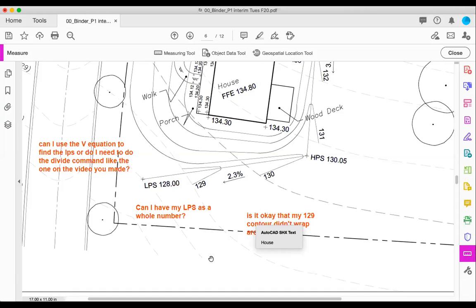So you're subject to very likely later changes to that 128 contour. So it might seem that it could work now, but if you find out you have more contours that you need to adjust, then you need to move your LPS. So for instance, this one, I would probably recommend you put it at 128.50 for your estimation, for your first draft. Okay.